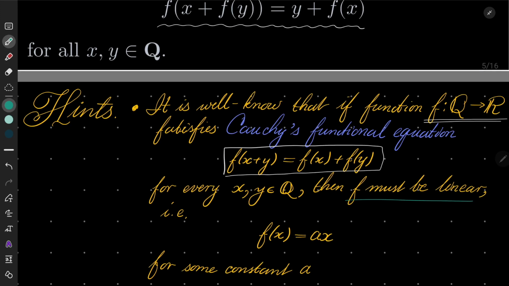I mean linear, not in the higher mathematics sense. It's x times some constant. It's linear, not an affine function.